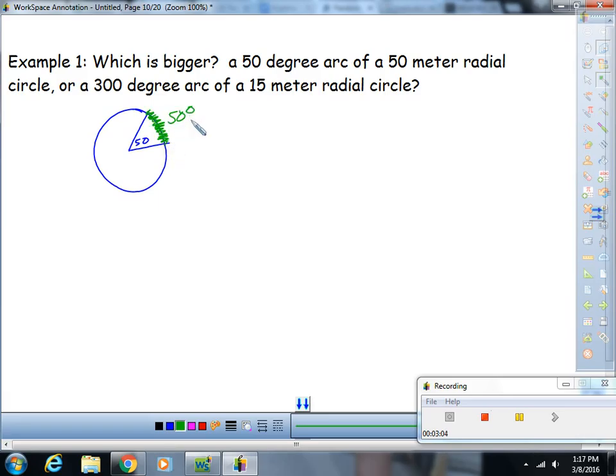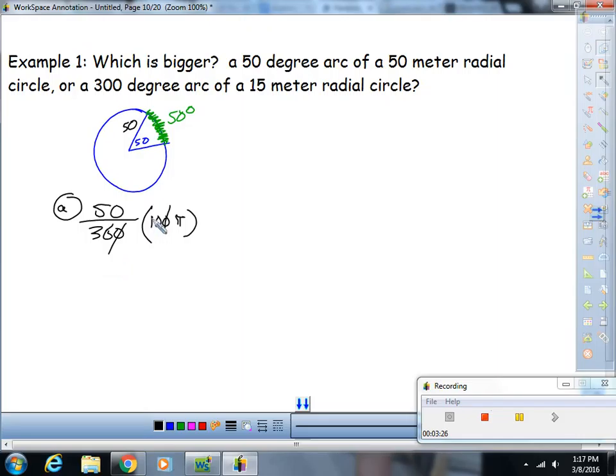That is 50 degrees, okay? So in part A, I'll say 50 over 360 of, and let's see, this is a 50 meter radius, so times pi d, so times 100 pi.